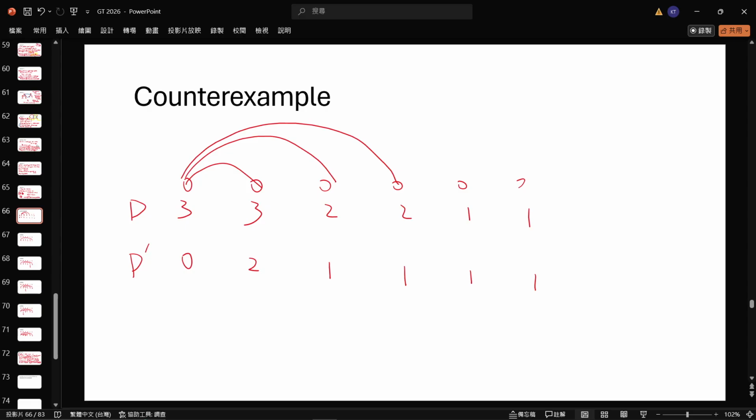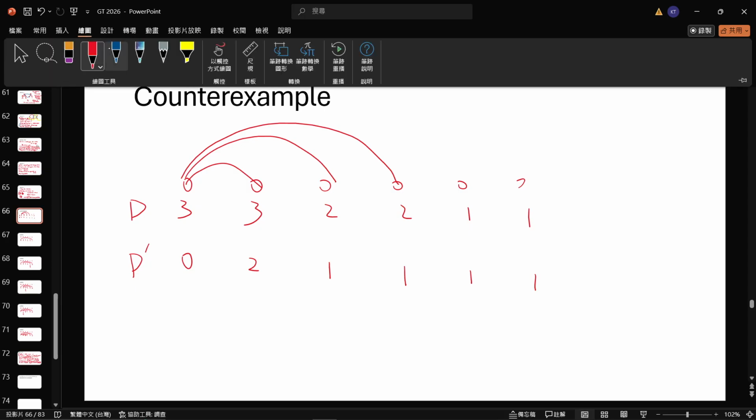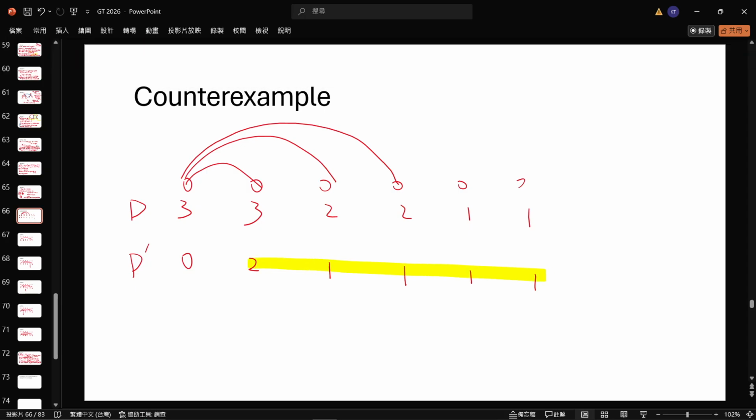Okay? Now this 0 is not important, okay? Because in the future we don't have to consider this, okay? So the key part is to consider this, okay?